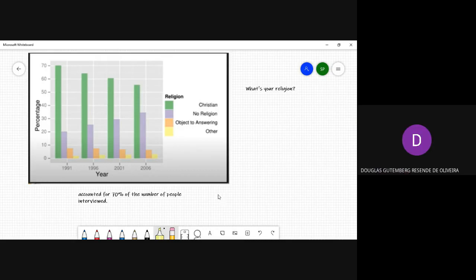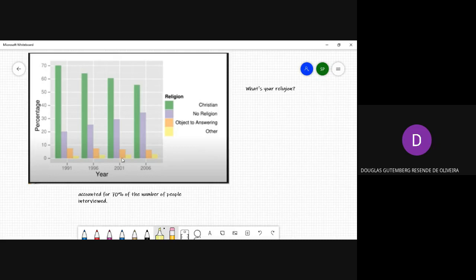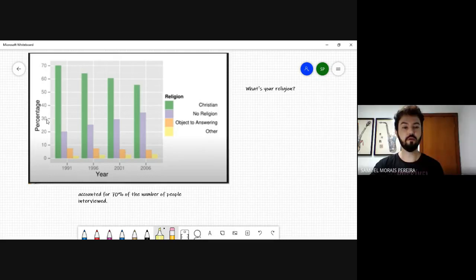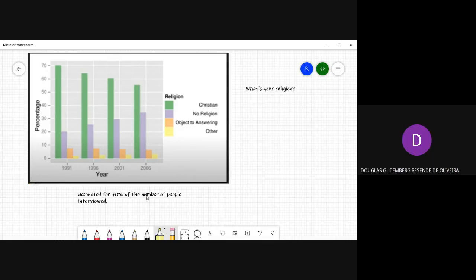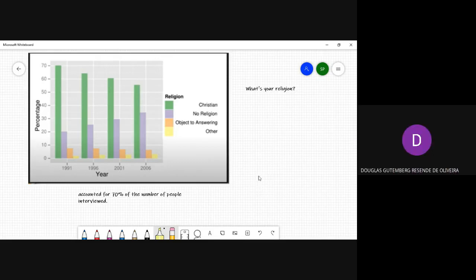Accounted for 30% of the number of the people interviewed, no religion. In 2001 or 2006? 2001, 30. 30, okay, that's right. 30%. So could you tell me the entire sentence again, please? 30? Accounted for 30% of the number of the people interviewed.